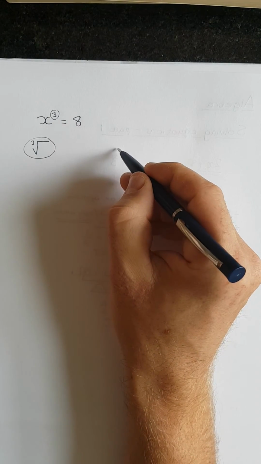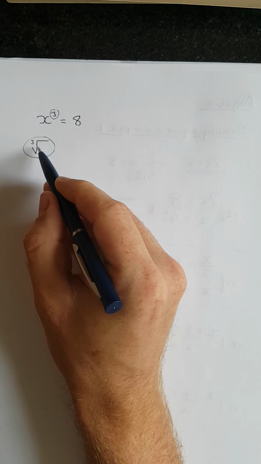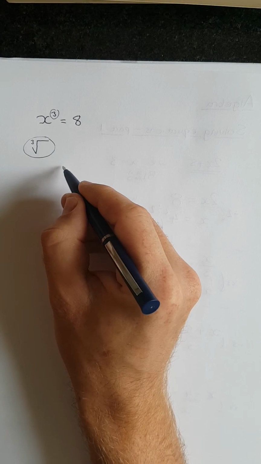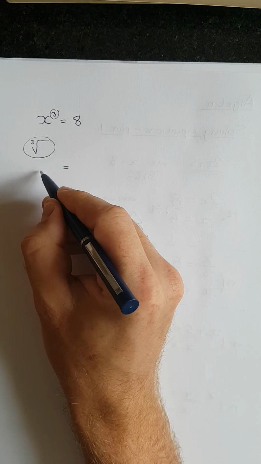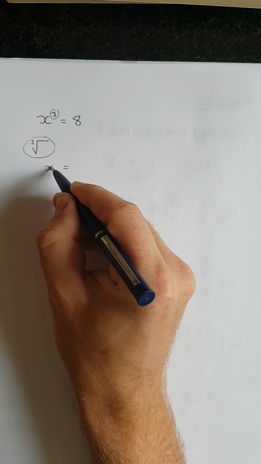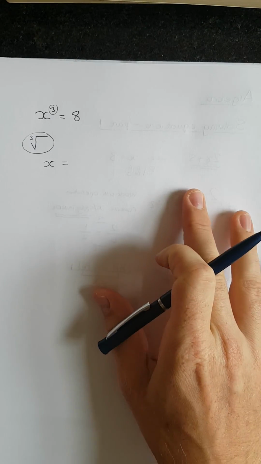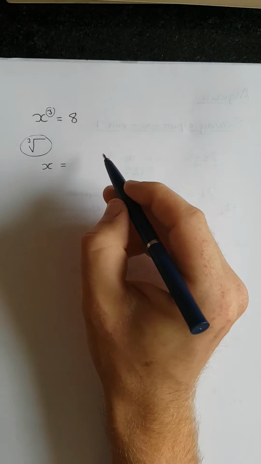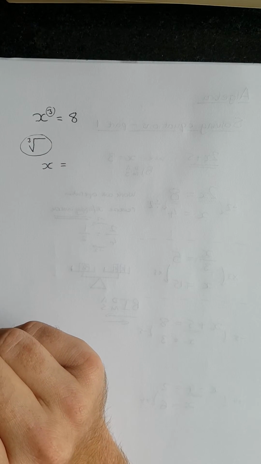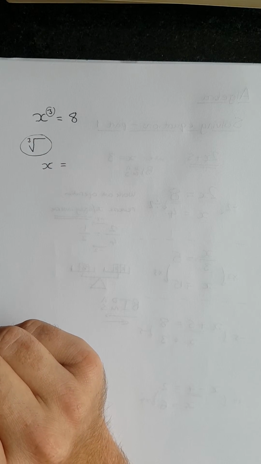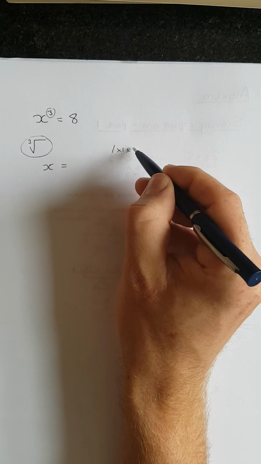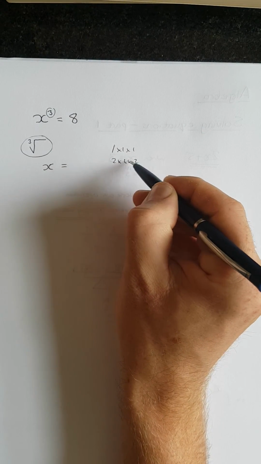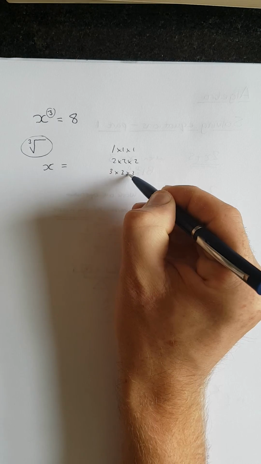Now, this means what number do I multiply together 3 times to get 8? So what number, and it must be the same number, do I multiply together 3 times to get 8? You can try some until you find the one that works. So it's 2.